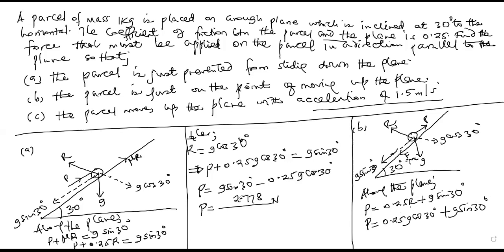If it gives you 4 decimal places, record 4 decimal places. And for this case, you get your P as 7.02 newtons. Is that okay?